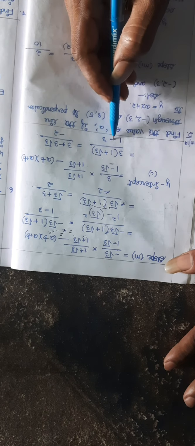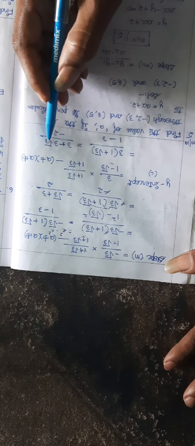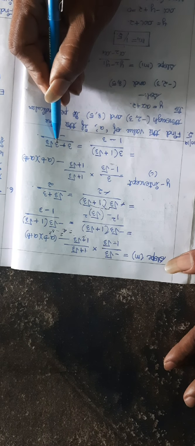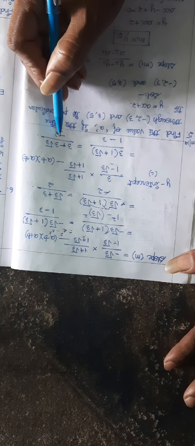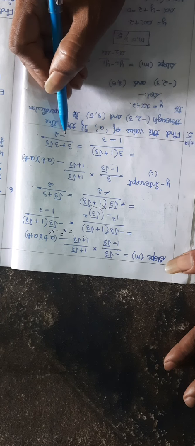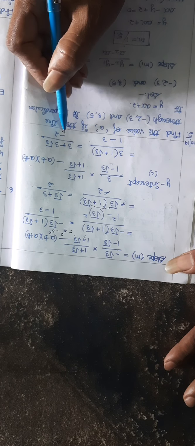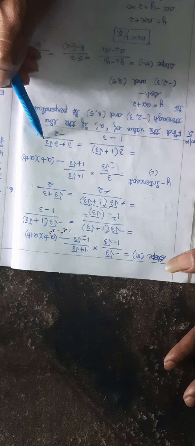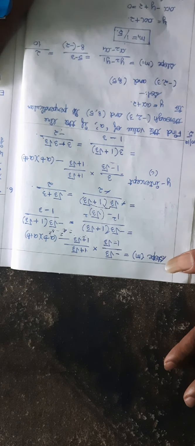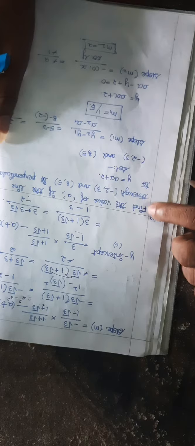So we get the answer (3 + 3 root 3) by minus 2. This is the y-intercept. Now the denominator is changed into a rational number. Understand guys? So first the slope and second the y-intercept. Next, go for the next sum.